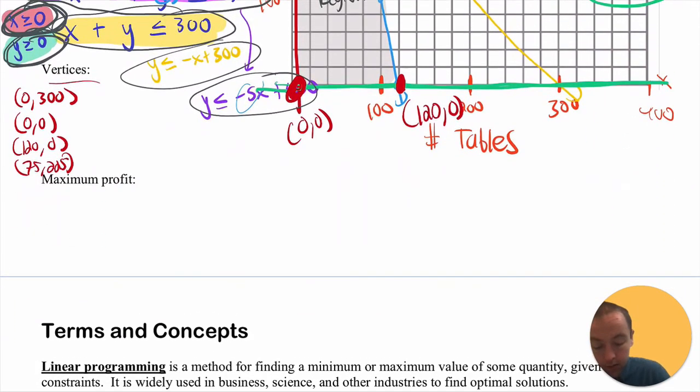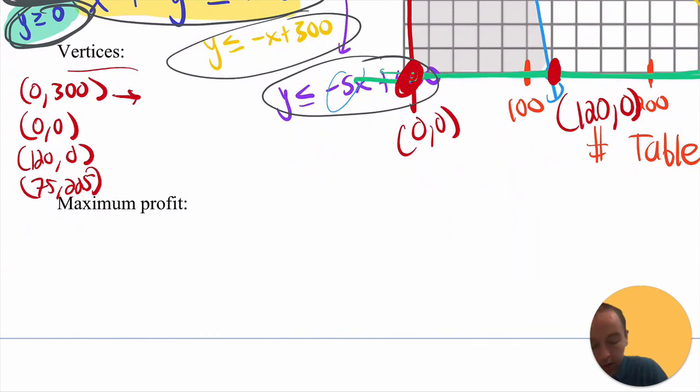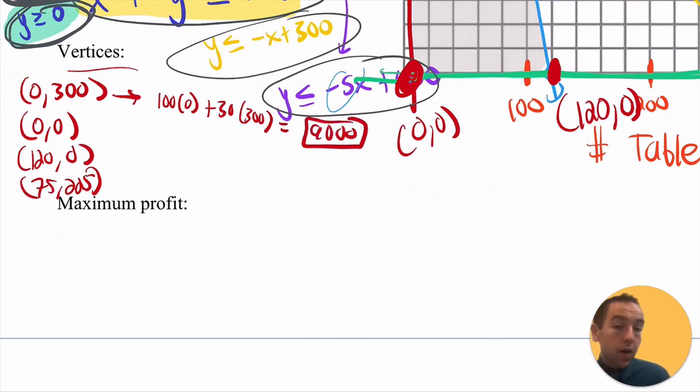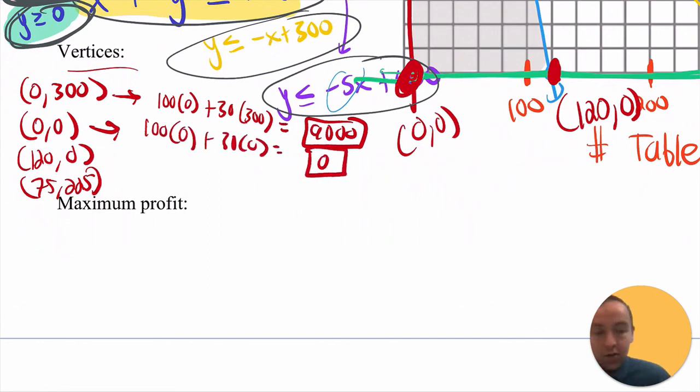With that first vertex, if we plug that into the profit function, in other words, if we take 100 times the number of tables plus 30 times the number of chairs, we end up getting $9,000 in profit if he had bought 300 chairs but no tables. Now this one's kind of interesting, because if you buy no tables and no chairs, he's going to make 0 money. So that will end up being the minimum value of his objective function. That's the smallest profit he'll be able to make if he buys nothing, of course.